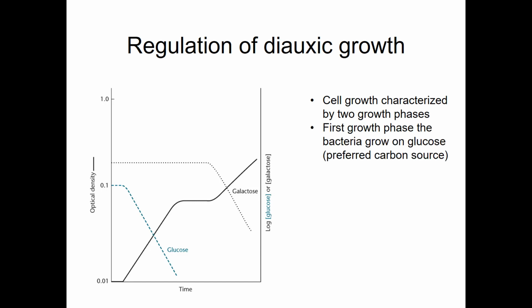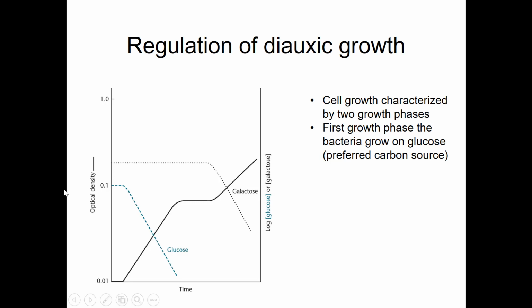So the first growth phase is shown by bacteria growing on glucose, which is the simplest and always the preferred sugar or carbon source. So you have your traditional lag phase here, followed by an exponential phase. And you see, as these cells are growing in that very first exponential phase, that the glucose is being depleted from the media. However, the galactose, which is the second or the non-preferred sugar source, remains constant in the media.